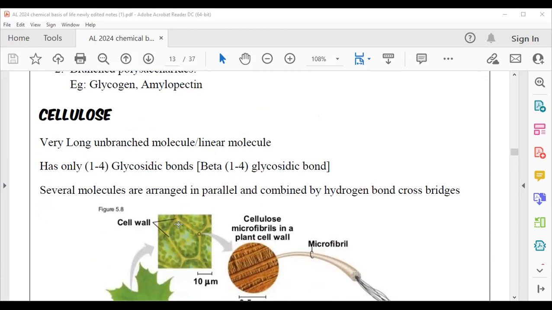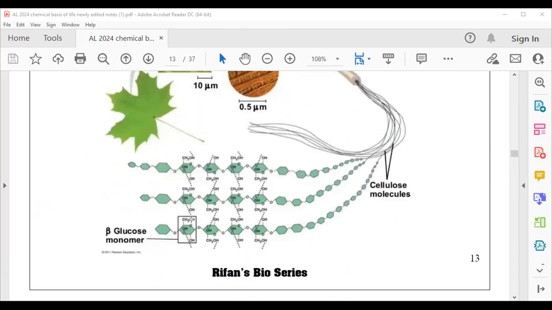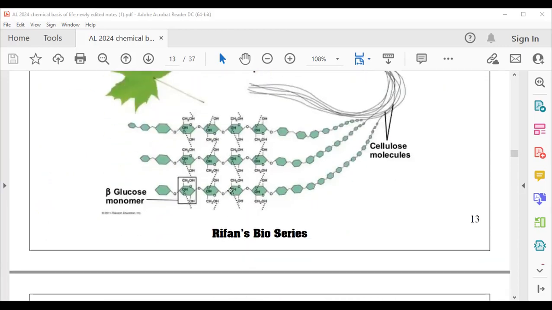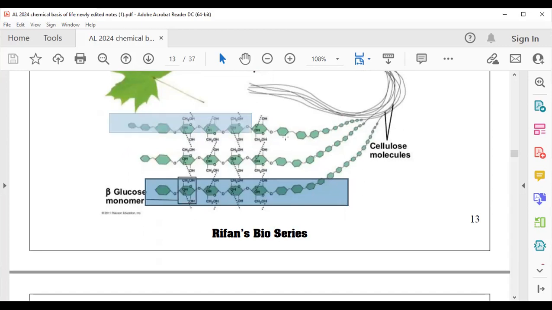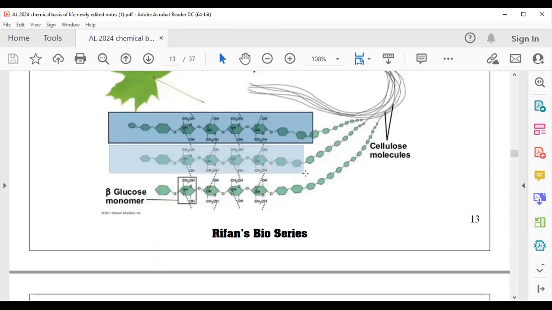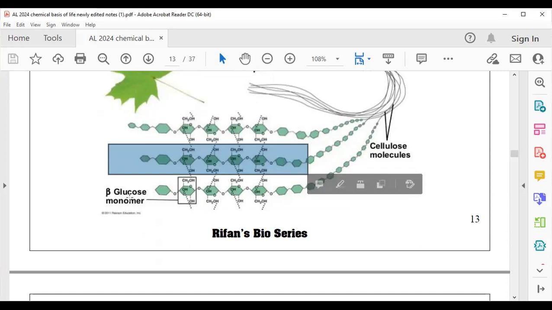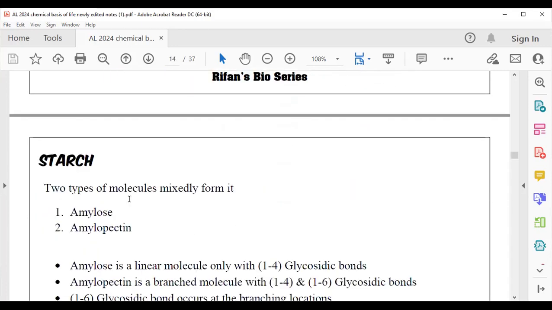Between one molecule and another molecule, there will be hydrogen bond. Now this is one molecular chain. This is another molecular chain. This is another molecular chain. Between these chains, there will be hydrogen bond.